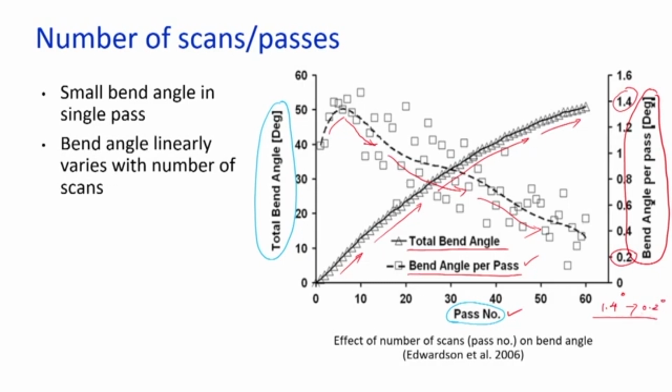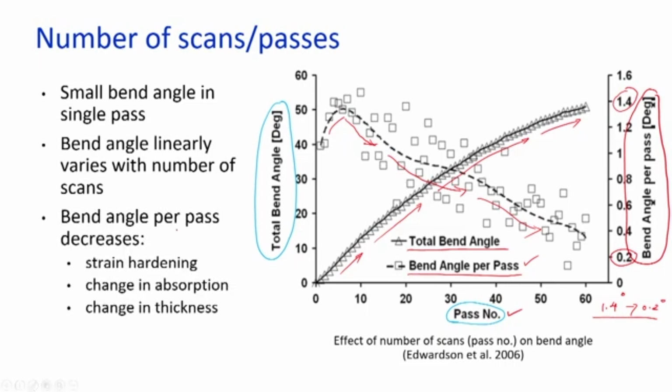When we irradiate the surface with the laser multiple times, there are problems of strain hardening. We are thermally treating the surface multiple times, so the material properties are getting changed. The bend angle per pass decreases, and this is attributed to strain hardening and change in absorption.